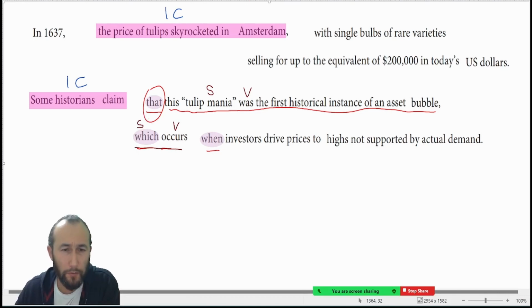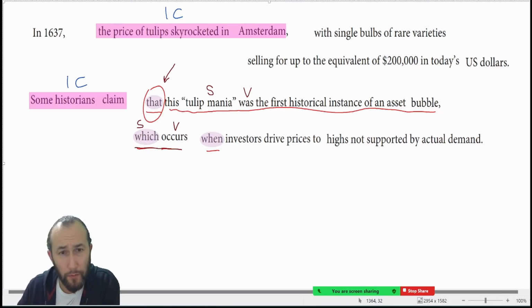So sometimes that, which, can come as subject or sometimes not. So we have to check. For example, here, was is the verb, and before the verb we've got a noun, tulip mania, so it's the subject. That means here that is only a connector. But in the second clause, we've got occurs as the verb, and which obviously now is coming as subject, guys.